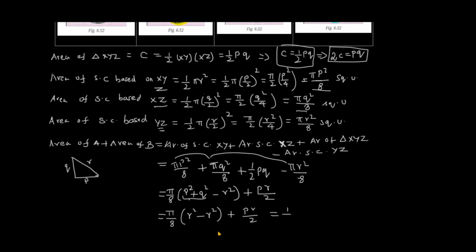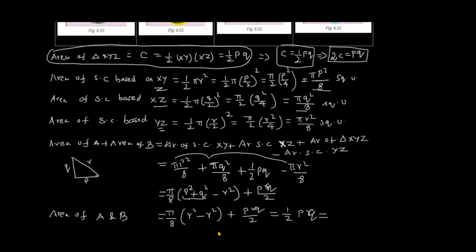So that is equal to 1 by 2 PQ. So the area of A and B is equal to 1 by 2 PQ, which is what we got in the first step. The area of the triangle is equal to 1 by 2 PQ, that is equal to the area of C. So area of A plus B is equal to area of C.